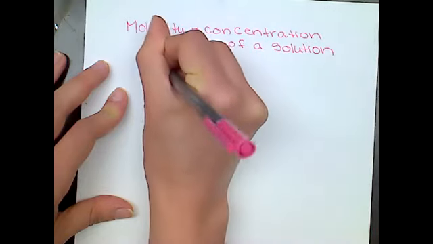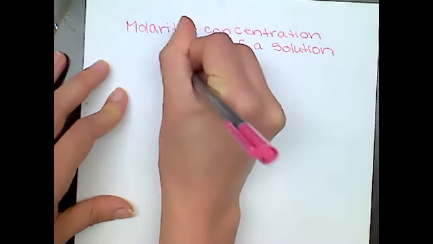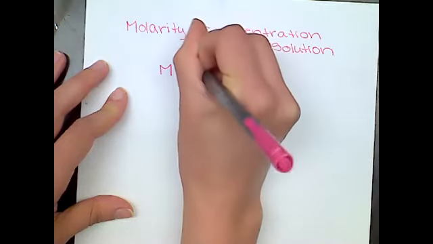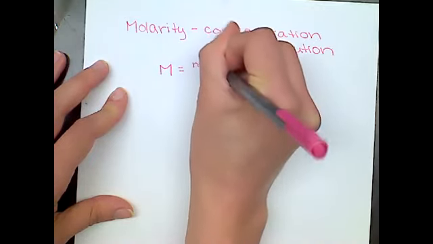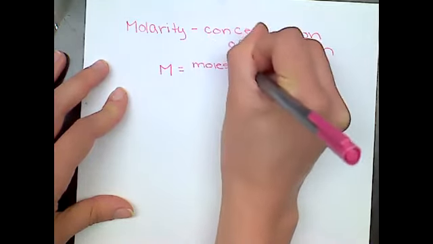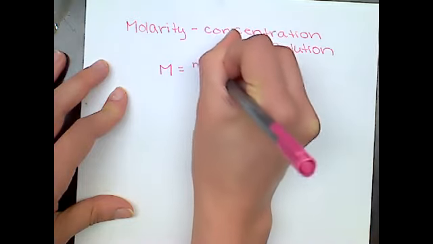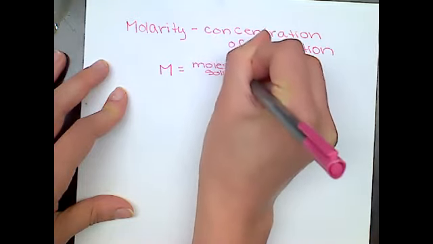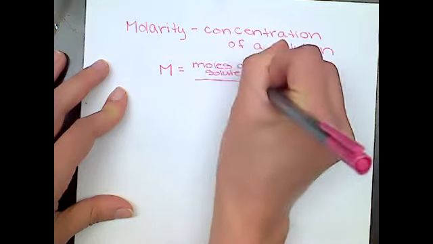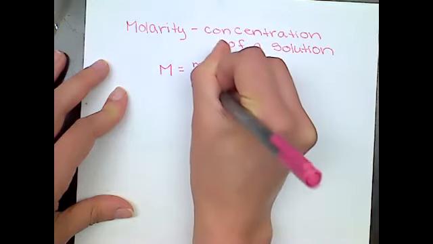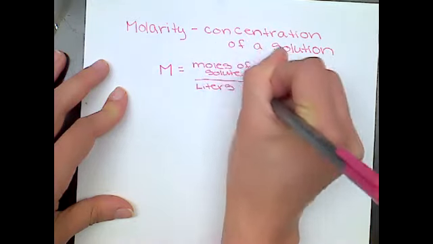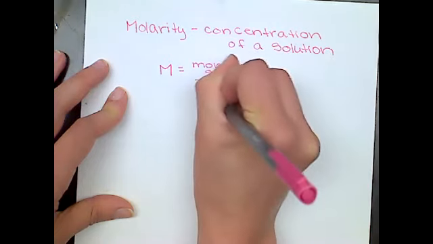When we talk about molarity, we have an equation. Molarity is represented by a capital M, and it is the moles of solute, what you are dissolving, over liters of solution.